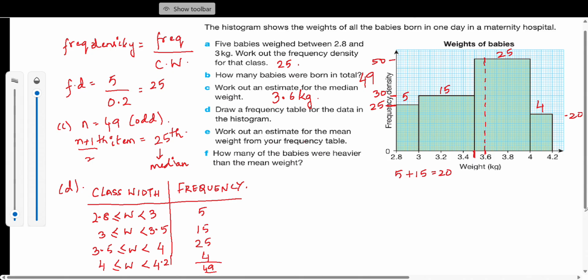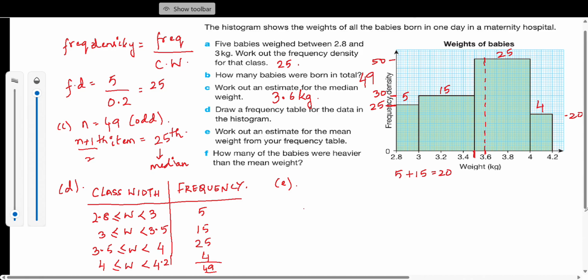Work out an estimate for the mean from your frequency table. Now, we are all aware that mean, median, mode are all averages, different types of averages. Depending on the scenario, we'll have to go with whichever average is needed. We interpreted the median from the histogram. Let us find what mean is.